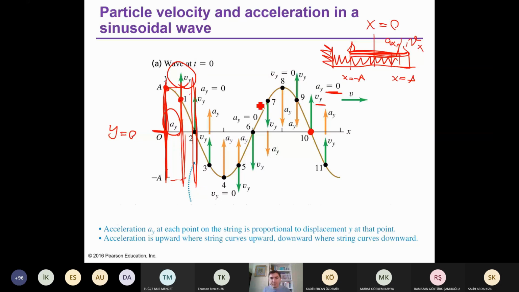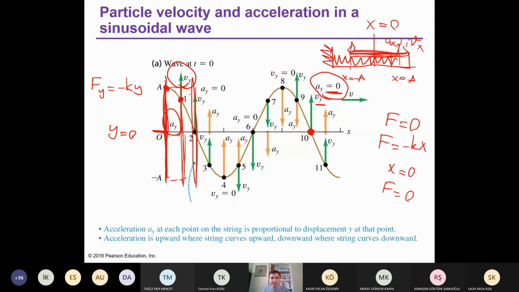So here at this position, acceleration is 0 because around the equilibrium, the restoring force is 0. Okay, just remember this force. If x is equal to 0, then F is 0. Remember from the last lecture, here you can consider it like this: F_y equals minus k y. So if y is 0, then F_y is 0.